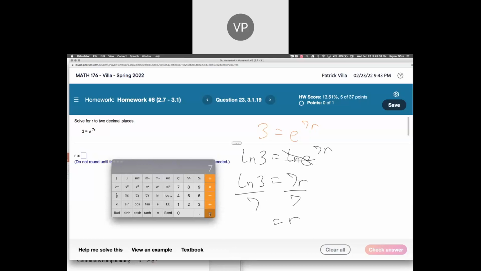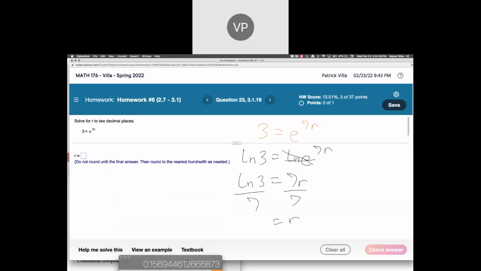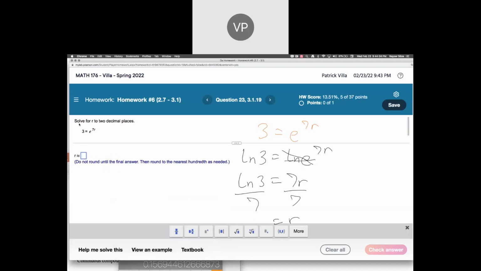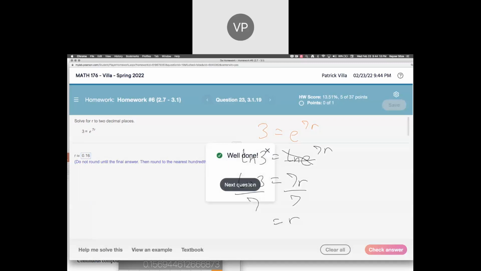Divide that by 7, and we get this. And this is what r is equal to. It says go to 2 decimal places, so it should be 0.16. And that's it for this one. That's all we need to do.